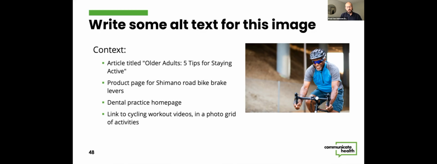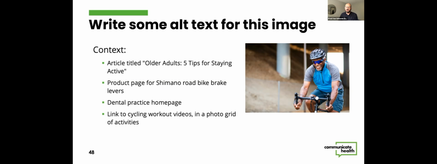The second example is if this was on a product page for a Shimano road bike for brake levers for the road bike. And the third example is if this was on a dental practice homepage. And then the final example we'll try to write alt text for is if this was in a grid of activities with a link to cycling workout videos attached to it.